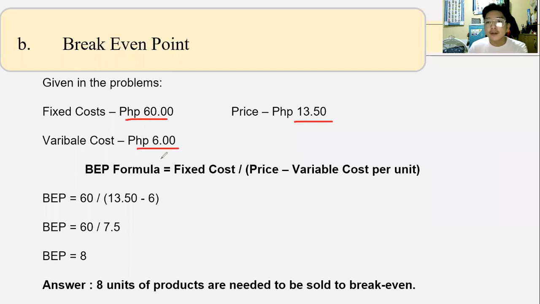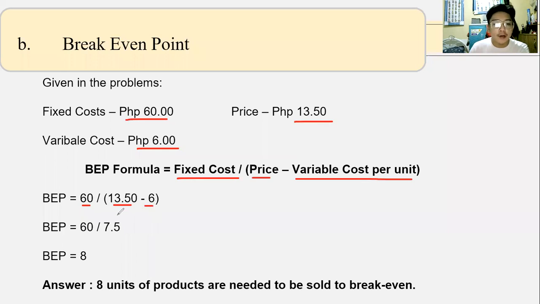The formula for the break-even point is fixed cost divided by the price minus variable cost per unit. So we're just going to substitute the values: the fixed cost is 60 pesos, the price is 13.50, and the variable cost is 6.